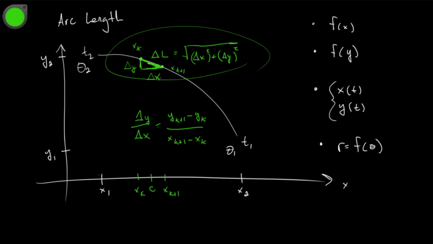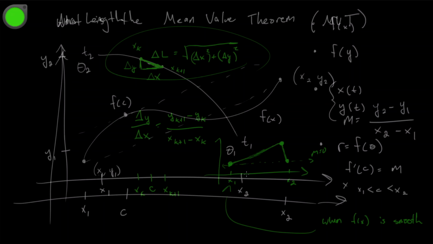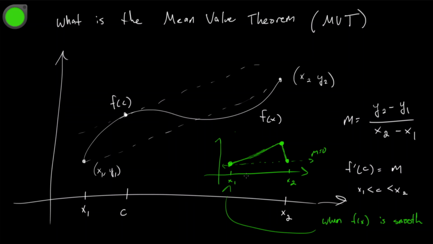Is this curve smooth? Yes. And the answer is absolutely. And that's why we reviewed the mean value theorem. As long as the curve is smooth and the derivative is continuous, there exists a point between your endpoints such that the slope, the secant line, the average slope is equal to the derivative evaluated at that point.